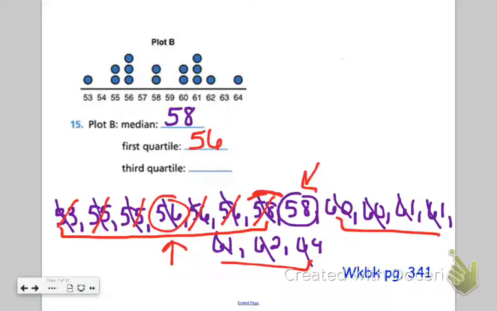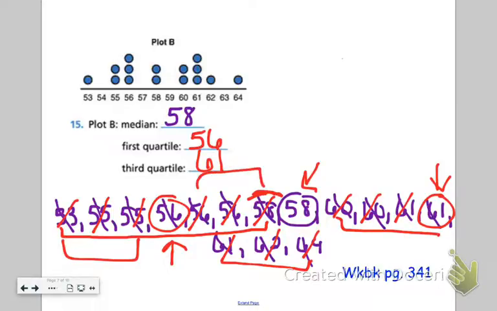And now I'm going to do the same thing to the upper half. 60, 64, 60, 62, 61, 61, and it looks like this 61 here is going to be the third quartile, also known as the upper quartile, because it's the median of the upper half. And now we've just split up our data into 4 sections. We have this section here, this section here, this section here, and this section here. We broke it up into 4 sections.